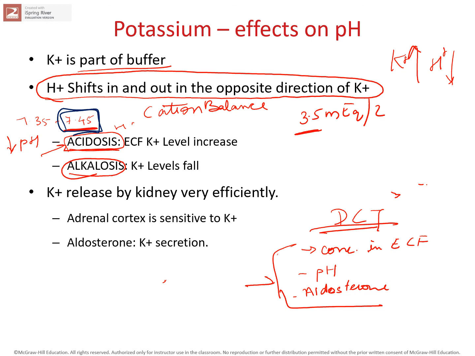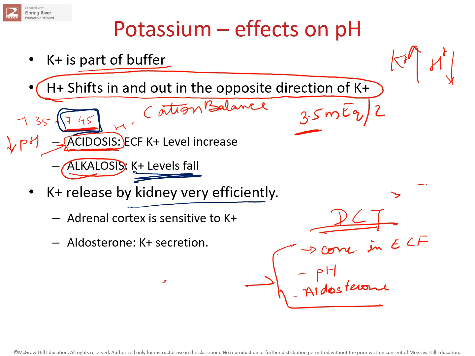And if you have alkalosis, the potassium levels fall because the kidney tries to retain hydrogen ions and gets rid of potassium ions. Okay, now like I said, the kidney is very effective in releasing excess potassium, and that's why no matter how many greens and avocados and bananas you eat, you do not end up getting hyperkalemia, right?